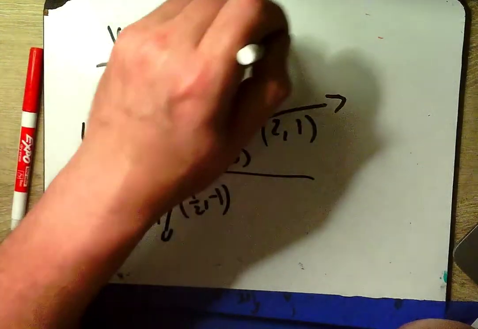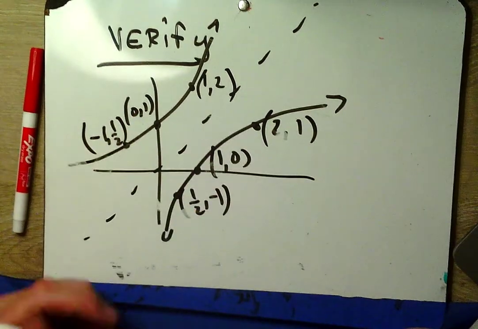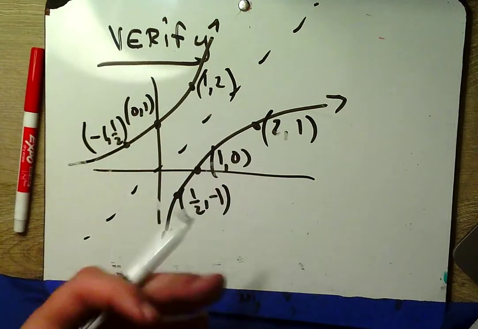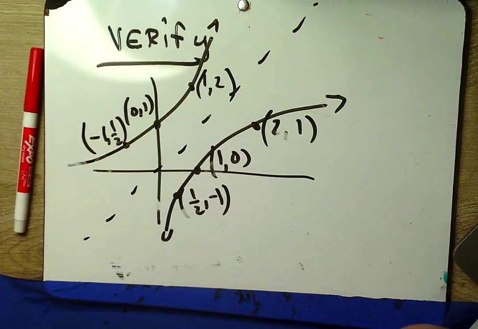And we look and we say, yeah, they reflect across y equals x. Look at all the ordered pairs. They're just flipped x's and y's. We have this intuitive sense that these are, in fact, inverses of each other.